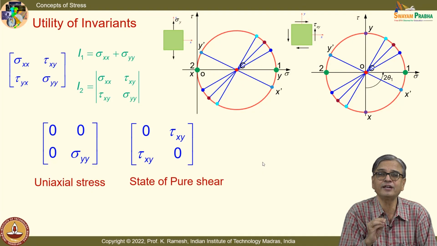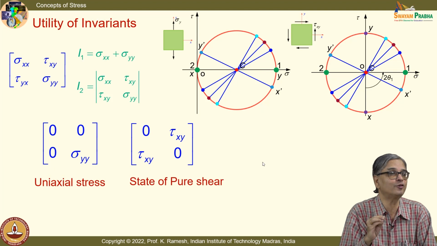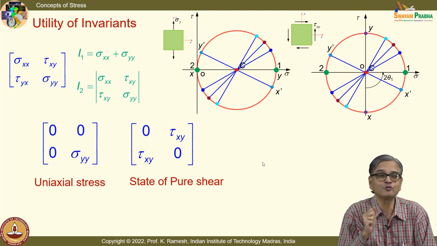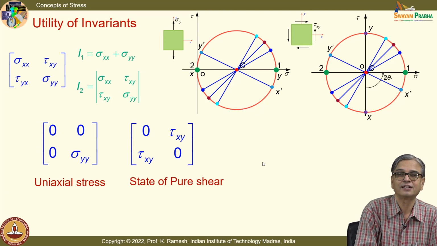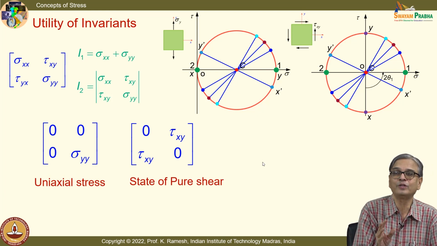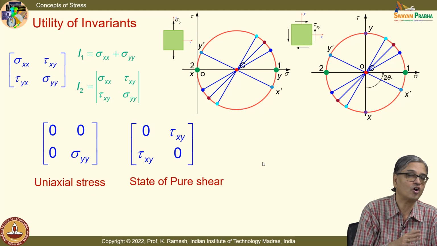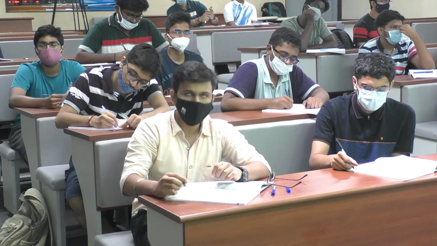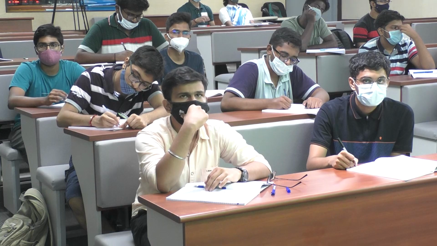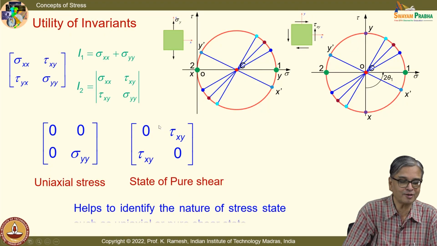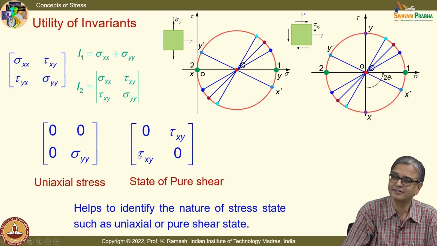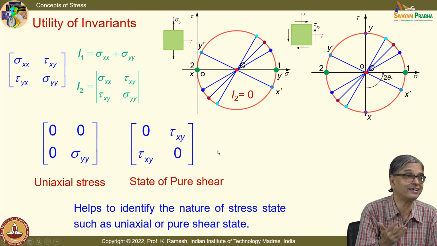Now, with the utility of invariants, can you tell me how I will use the invariants to identify if a given matrix corresponds to a uniaxial stress state or a shear stress state? Anybody? Very good. Because you know how to compute the invariants for this, and it is also a direct check that invariants are really invariants.